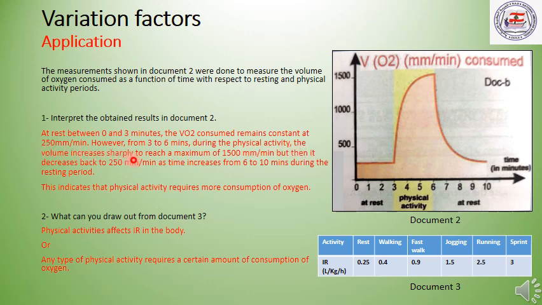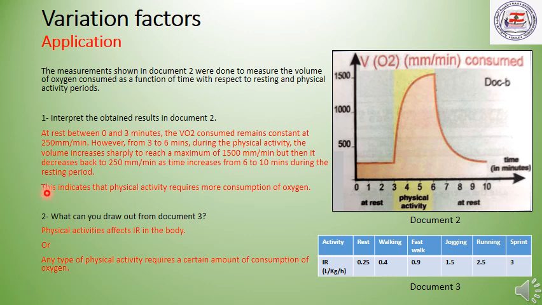But then it decreases back to 250 millimeters per minute as time increases from 6 to 10 minutes during the resting period. The significance is: this indicates that the physical activity requires more consumption of oxygen.